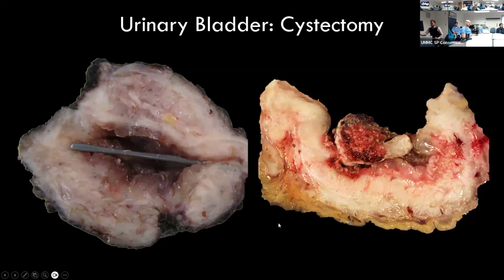So in contrast, you can see that this thing also looks whitish, but that's muscularis propria, okay? So here there is this more circumferential layer of muscularis propria, and here is the more longitudinal layer of muscularis propria. There's a subtle difference between that and this one, which is tumor, okay?